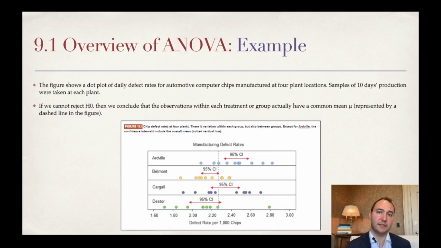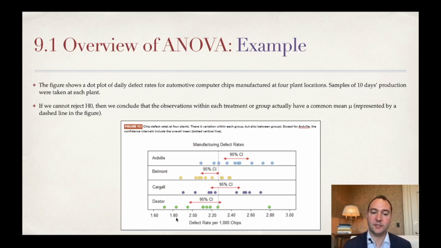Here's a visual example of how this might work. So let's say, for example, we have a manufacturing plant that has 4 locations. One is in A city, one is in B city, one is in C city, one is in D city. And what are they measuring? In this case, they're measuring the defect rate per 1,000 computer chips manufactured.